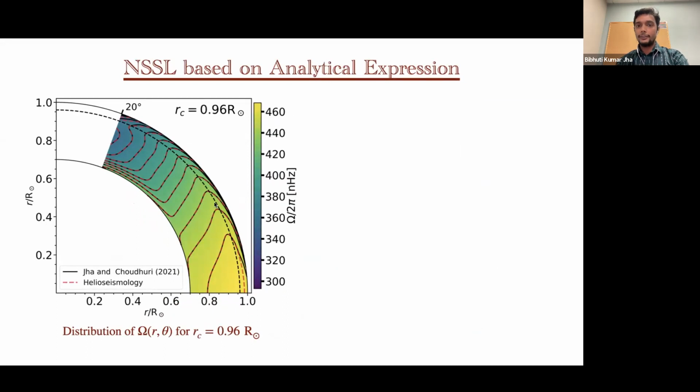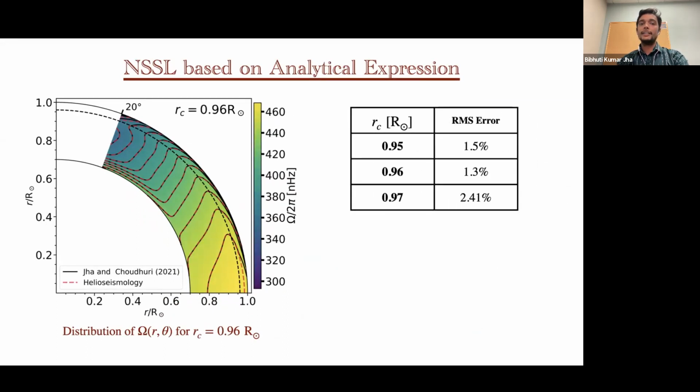To further verify that, we calculated the RMS error at all grid points in this region where R is greater than RC, and we have indeed seen that 0.96 gives the lowest value. The difference is not too big, but 0.96 gives an error of around 1.3%.